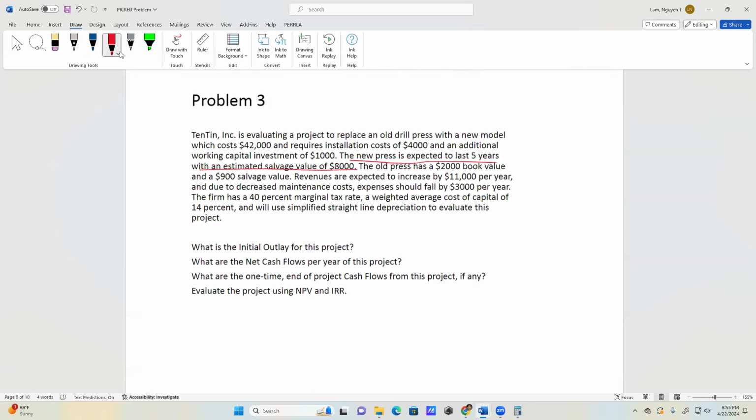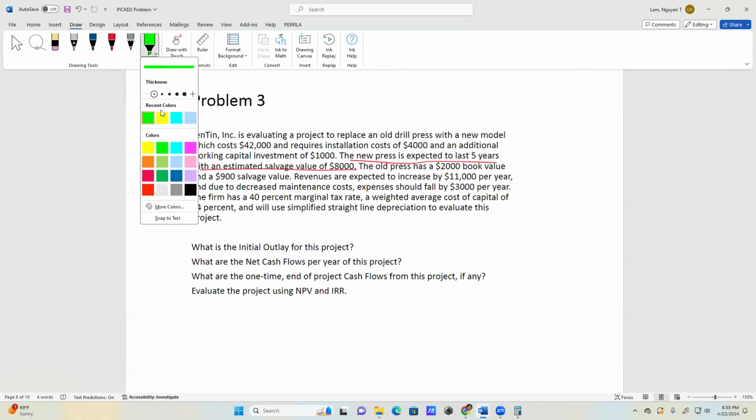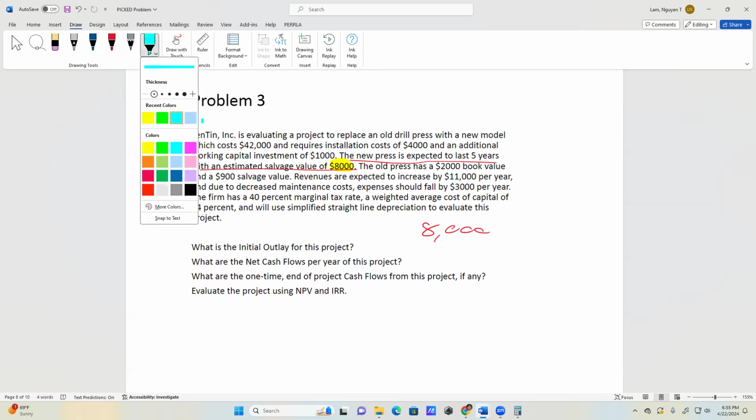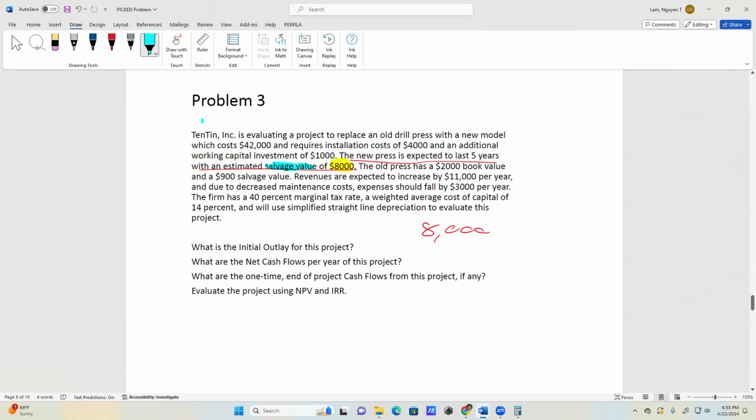Okay. So right now I haven't come up with a very good idea of how to identify the book value. In this case my question is, would the book value be the same as 8,000? Before I thought the tip was that whenever it's a salvage value of, that is the key idea, that the book value is also 8,000.